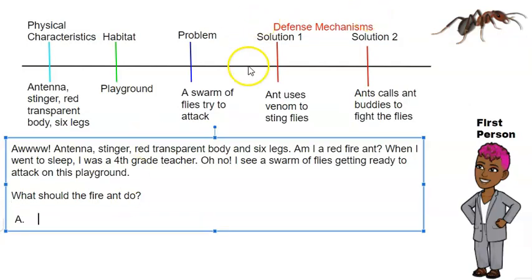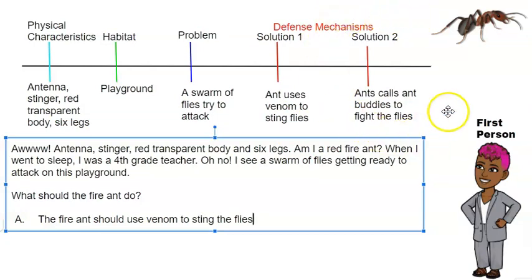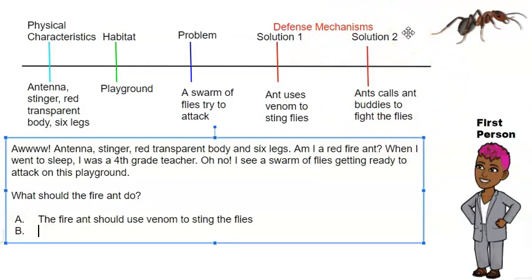Option A, I'm going to take it directly from my timeline. I'm going to say the fire ant should use venom to sting the flies. And I'm going on to my second solution for defense mechanism.